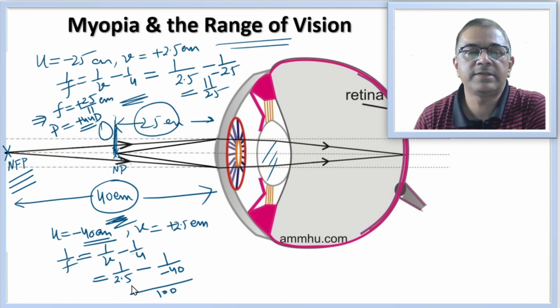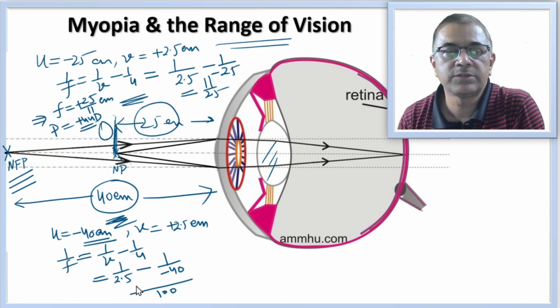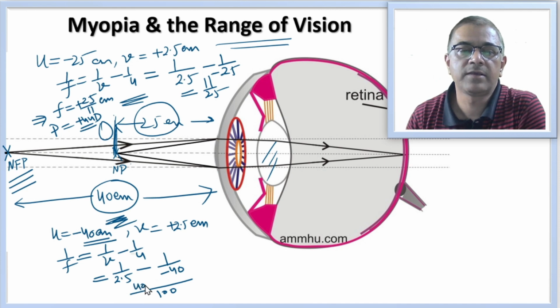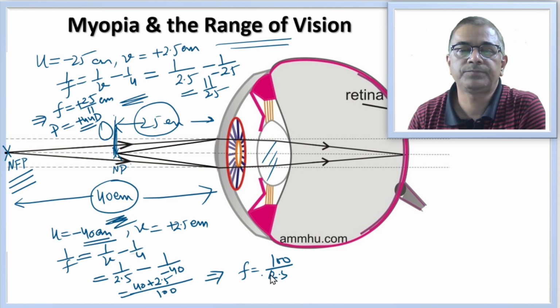If we take 100 as LCM, this will be 40 plus 2.5, and this implies the new focal length f is equal to 100 divided by 42.5.